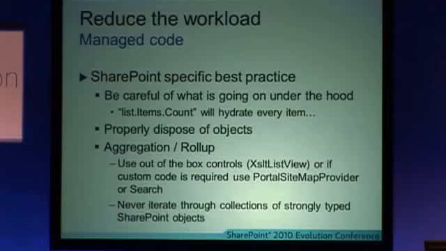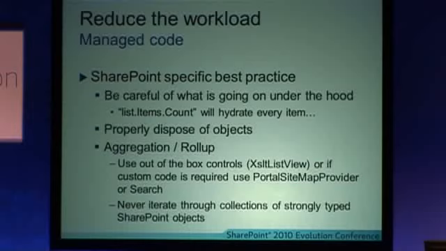If you do want to do something a bit unusual, maybe you want to join information from lots of different sources, try and use either the portal sitemap provider, where you can insert an SPQuery object, or search. So search is a great way of getting around site collection boundary issues and things like that, but it's also much more performant than trying to go against the object model.